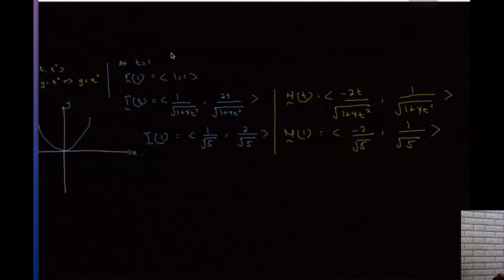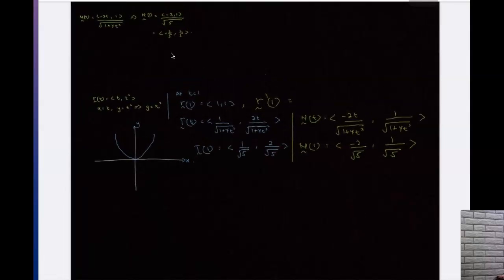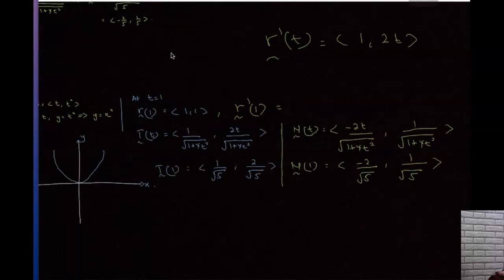And maybe we want to know the tangent vector, so our r prime of t is (1, 2t). Then we replace t with 1, giving (1, 2).